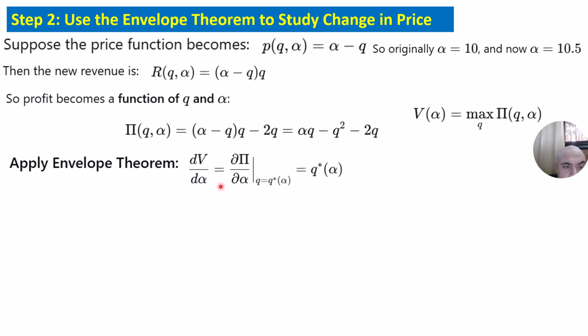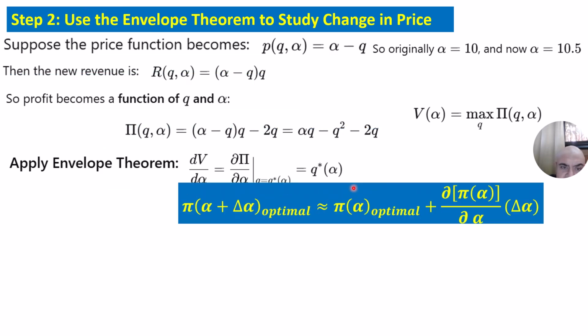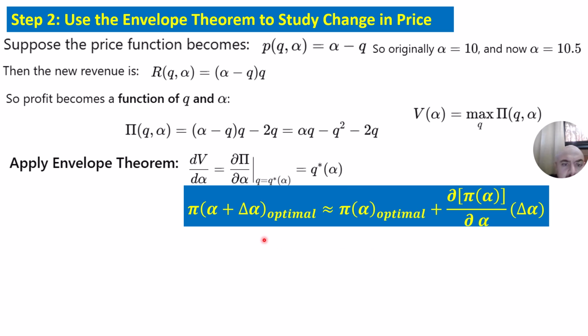I will try to get dV by d alpha. So differentiating with respect to alpha, you will end up having Q. Now let's start using the formula that I've given you, or summarized for you.